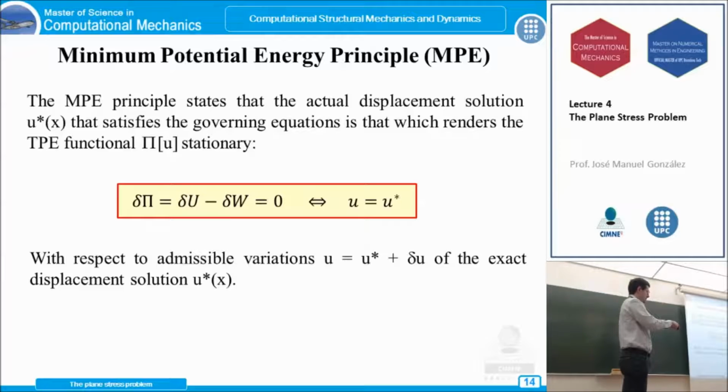We must do it with respect to any admissible variation of the exact displacement solution. Okay? Taking into account that this delta U must be an admissible variation. This admissible variation implies the continuity and the boundary conditions in the plate.